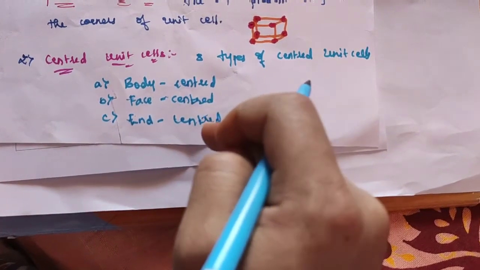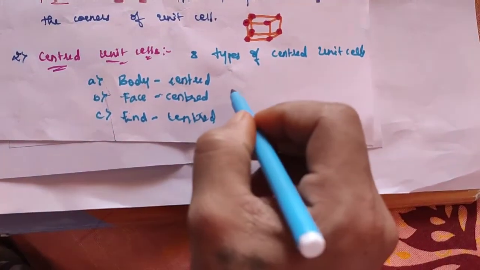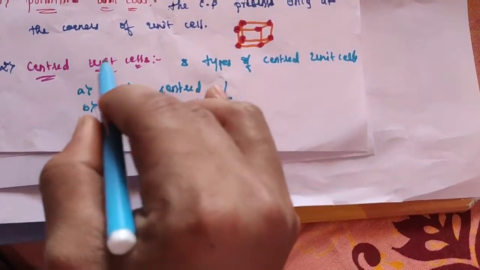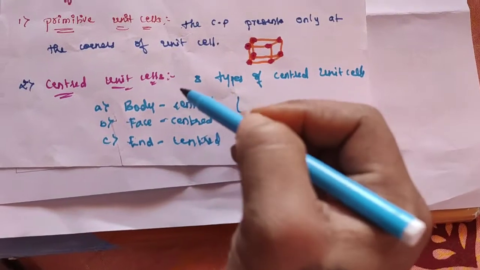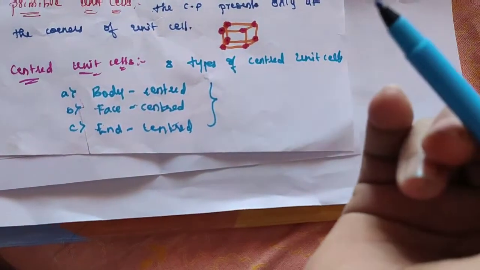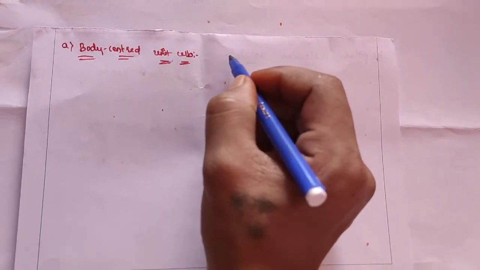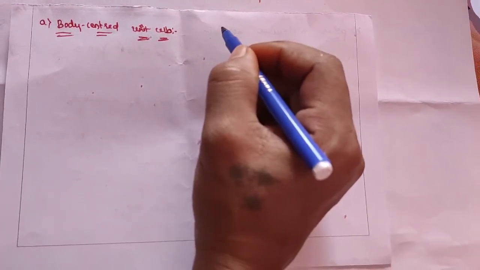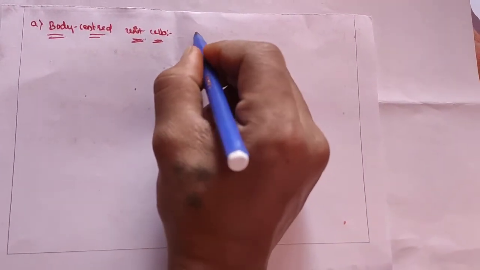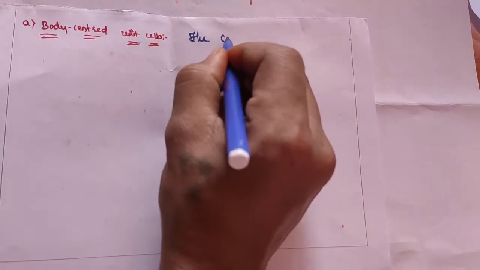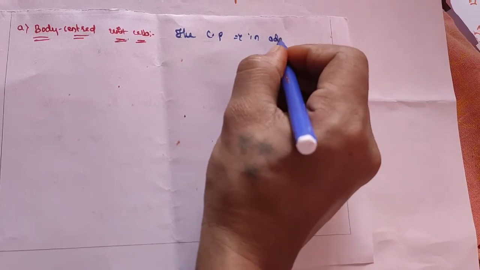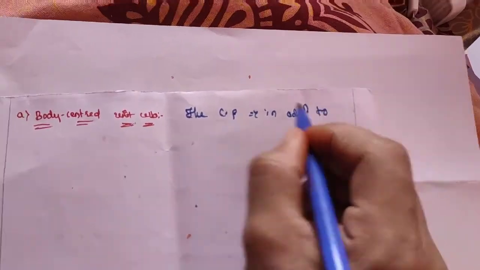Body centered, face centered, and end centered unit cells, these three types of unit cells come under the centered unit cells. Now let us learn about them one by one. First one is body centered unit cells. In this type of centered unit cell, the constituent particles are present in addition to corners.